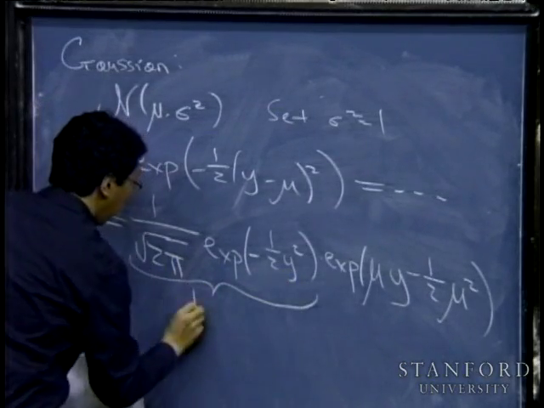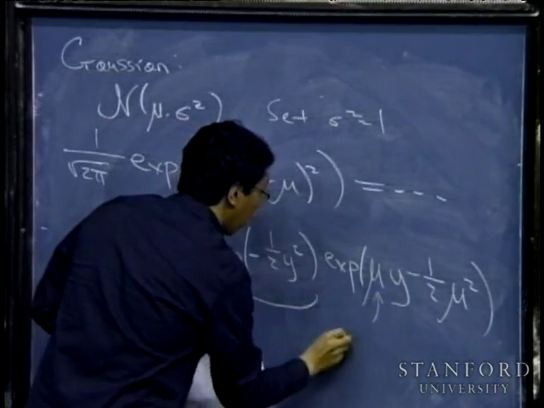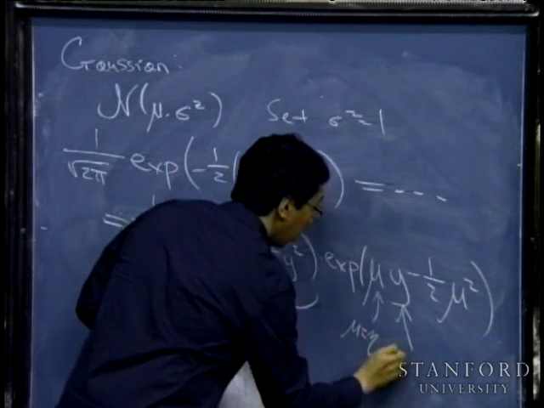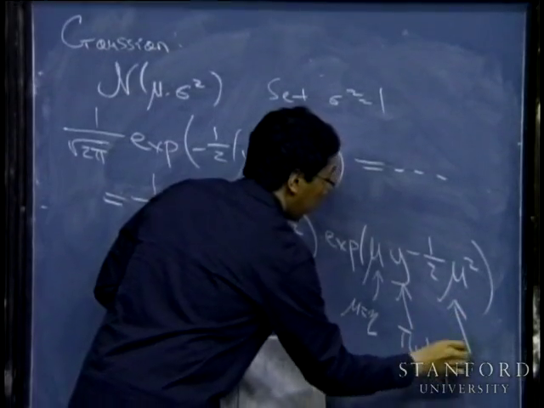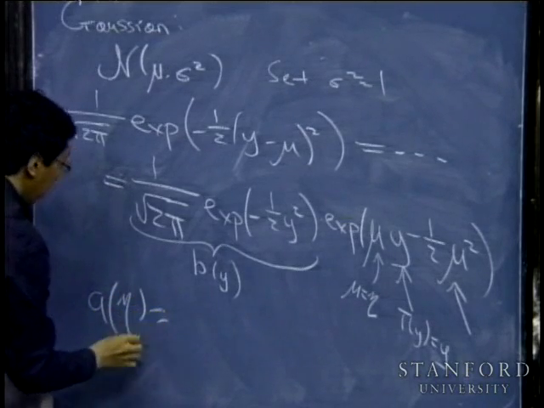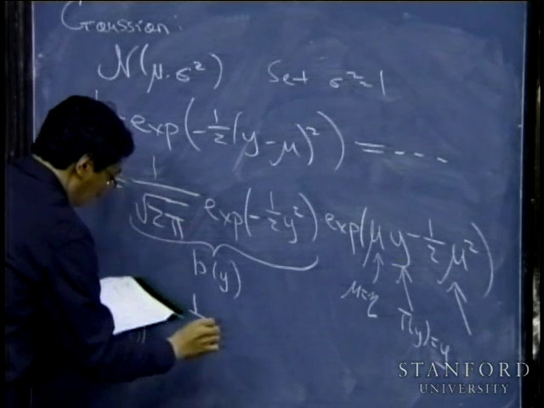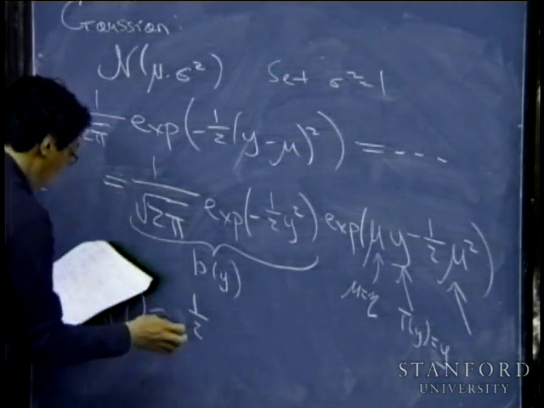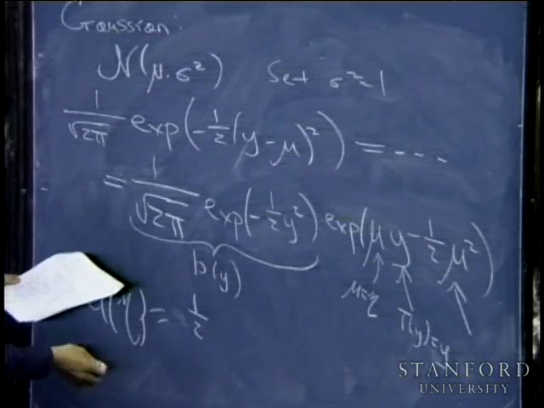And so that's b(y). We have mu is equal to eta. T(y) equals y. And a(eta) is equal to minus 1/2. Actually, I think it should be plus 1/2. Did I get that right? No, sorry.